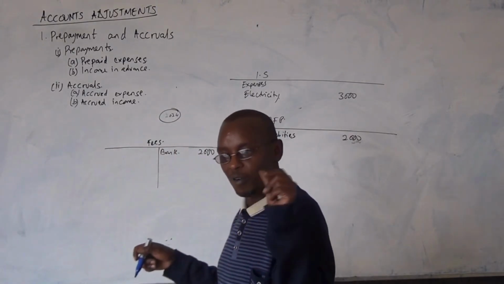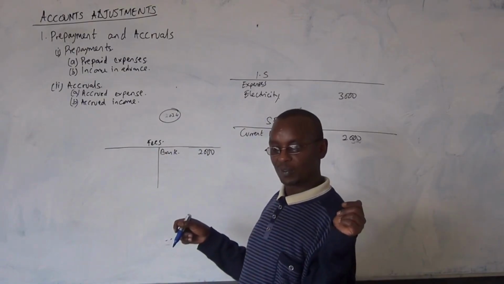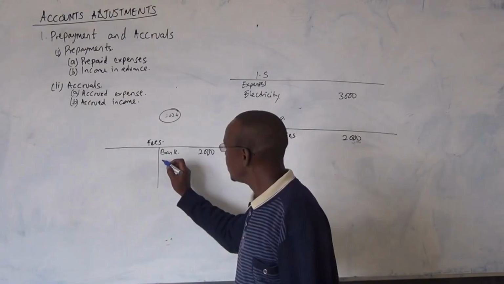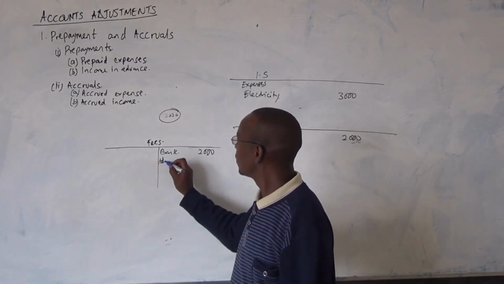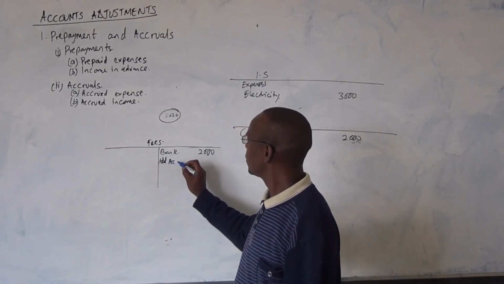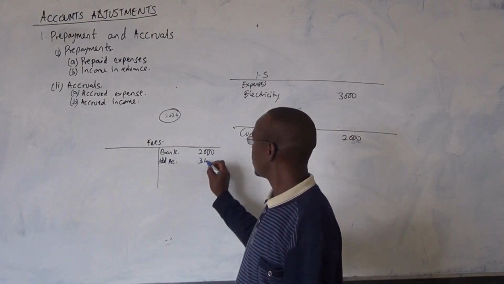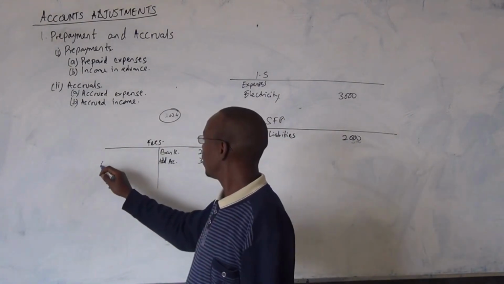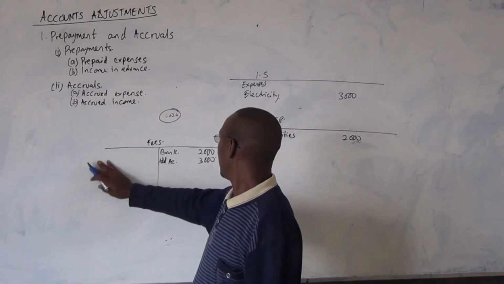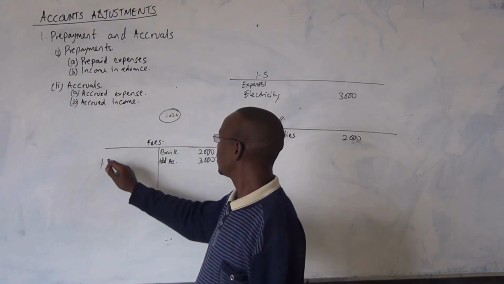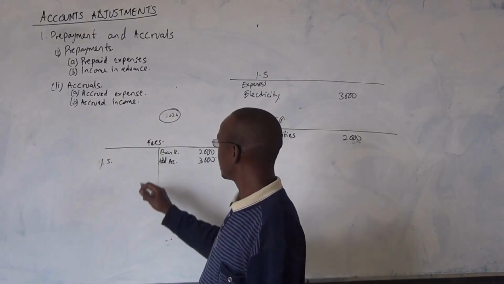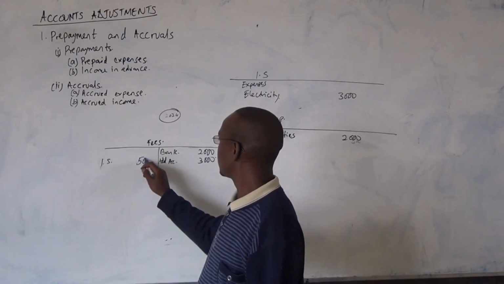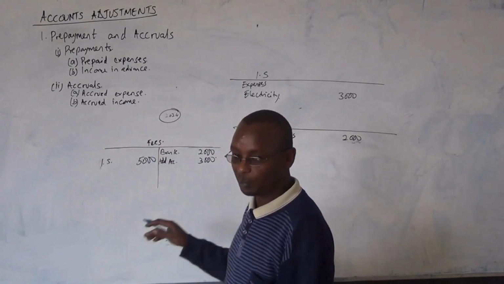That is the income for 2024. So you add it here. Okay? Accrued, let's say it's 3,000. So in our income statement, we're going to take how much? 5,000. The amount that's supposed to be.